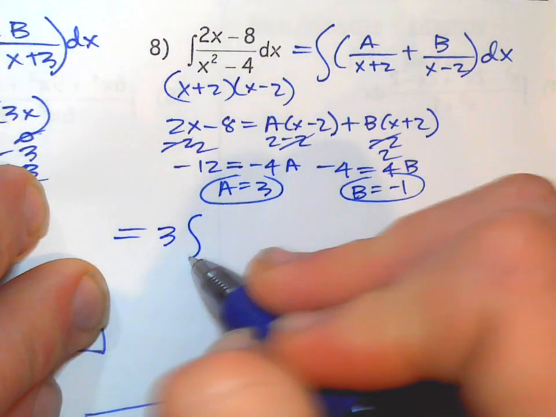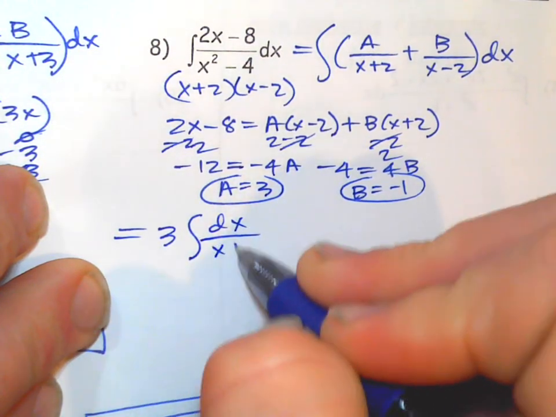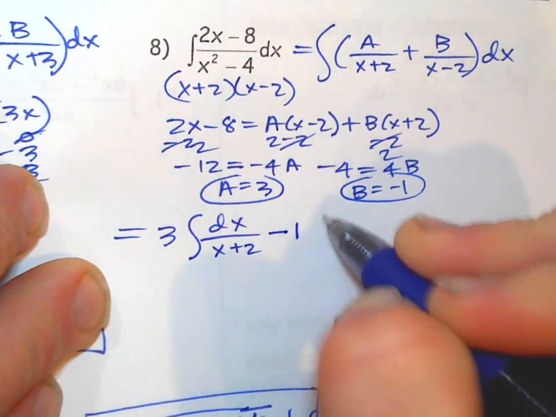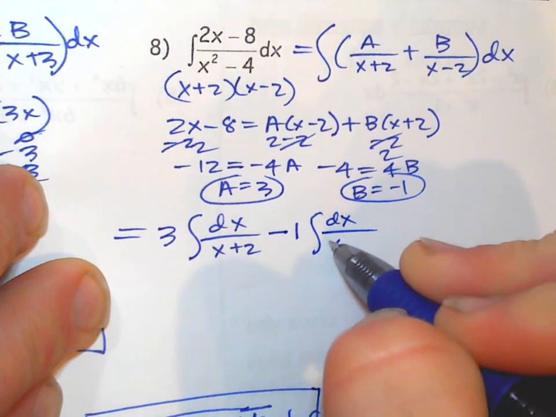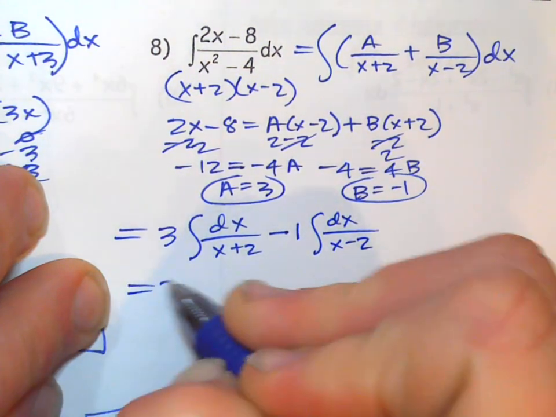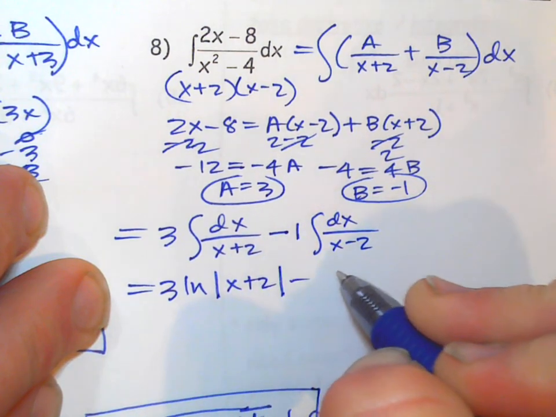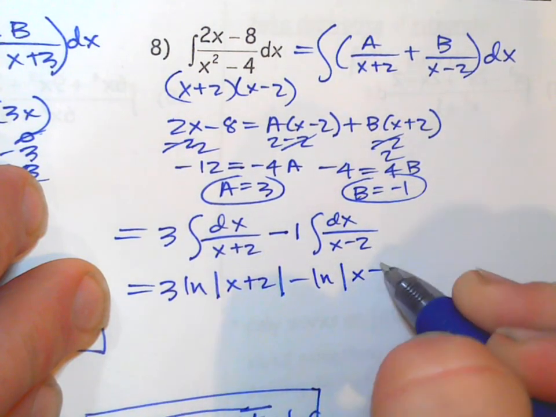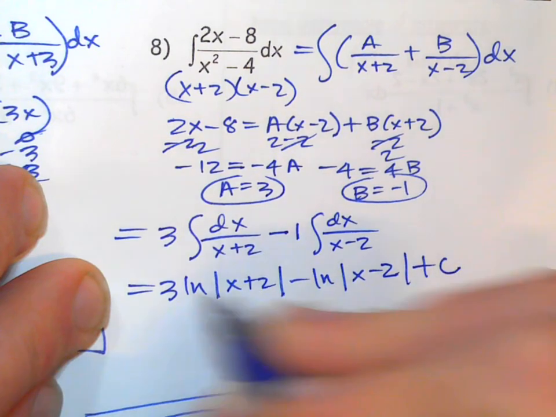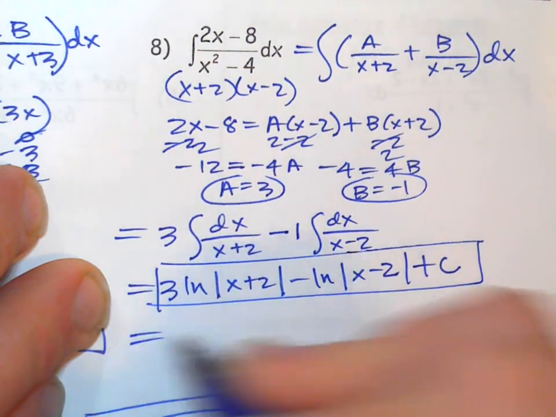So we rewrite it. 3 dx over x plus 2 minus 1 dx over x minus 2 equals 3 natural log absolute value of x plus 2 minus natural log absolute value of x minus 2 plus c. So, I mean, that's an answer. Let's try and combine it.